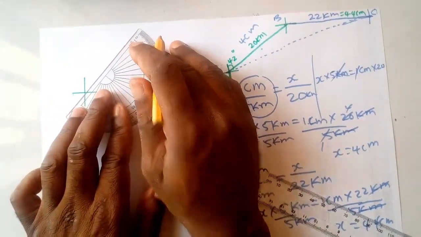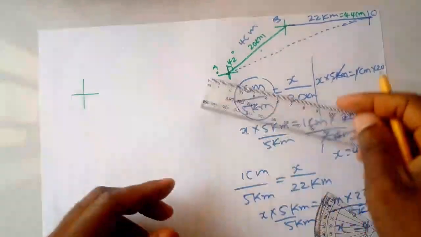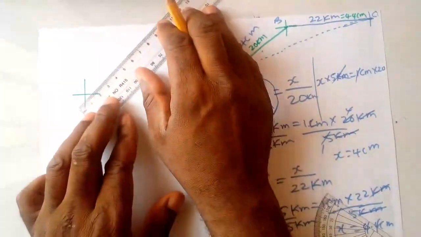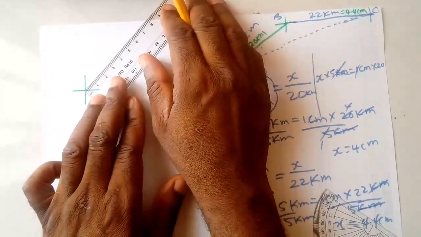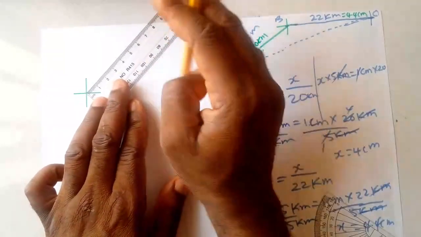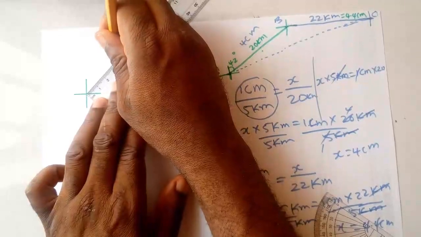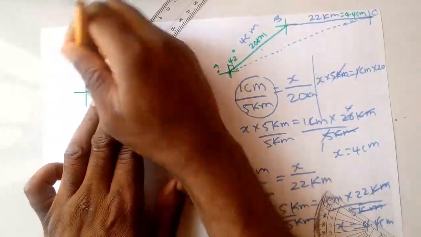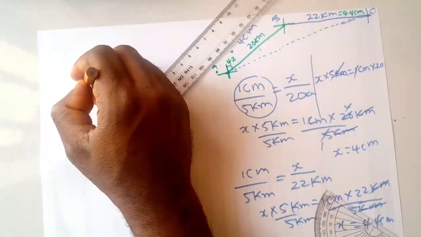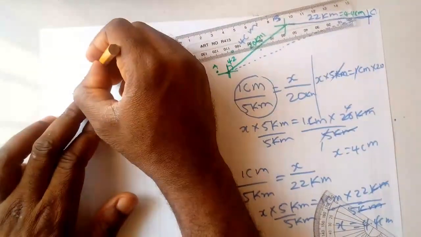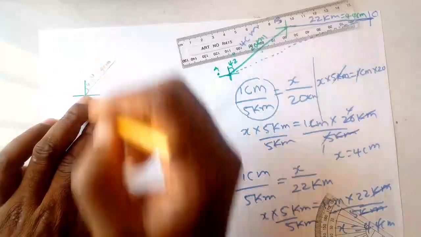Just forget the length. Okay, or we can just go with the length. The length is 4 centimeters and the bearing is 42. Okay, this angle for real is 42 degrees, and this length is 4 centimeters.